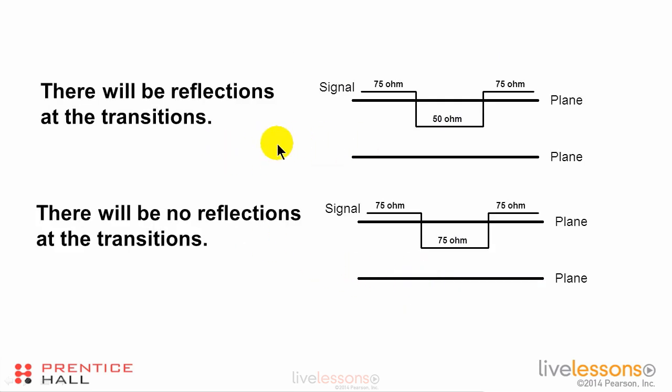Another issue, most designers now know how to deal with this, but we have to be concerned about transitions. If we go from a 75 ohm trace on one layer to another layer and design the trace there as a 50 ohm trace and then back up as a 75 ohm trace, well, that of course is going to set up impedance discontinuities at these transitions, and this would be a bad thing.